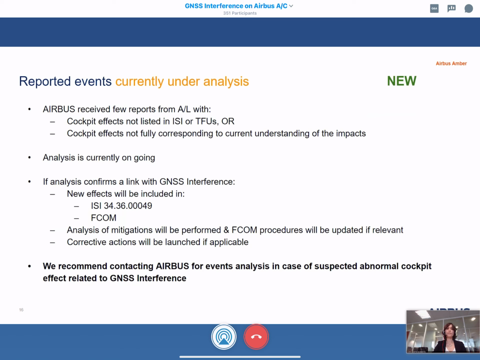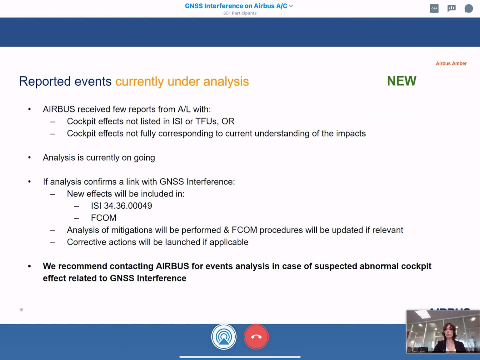Then we have, Airbus is receiving a few reports from airlines with cockpit effects that are not currently listed in the ISI or TFUs, or cockpit effects that do not fully correspond to the current understanding of the impacts. We would like to inform you that analysis is currently ongoing. If the analysis confirms a link with GNSS interference, the new effects will be included in the ISI and then also in the FCOM.